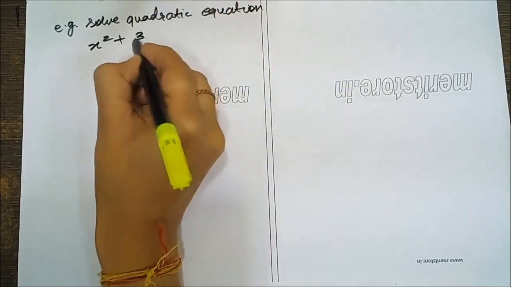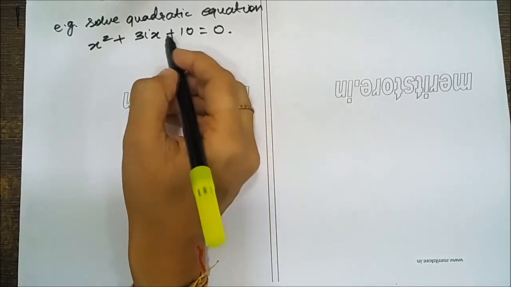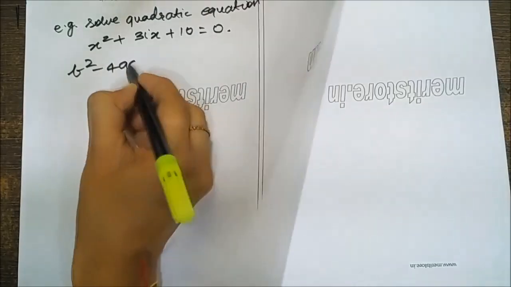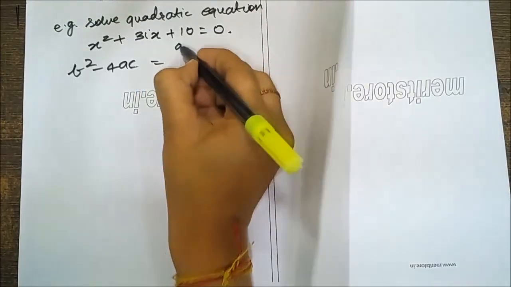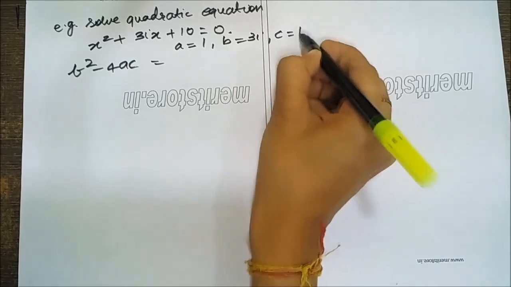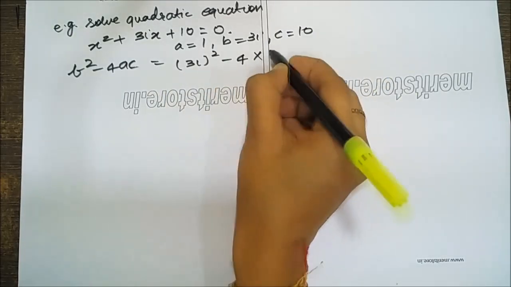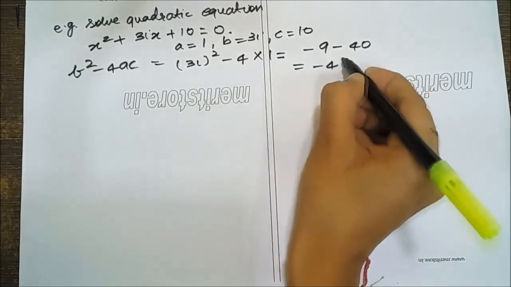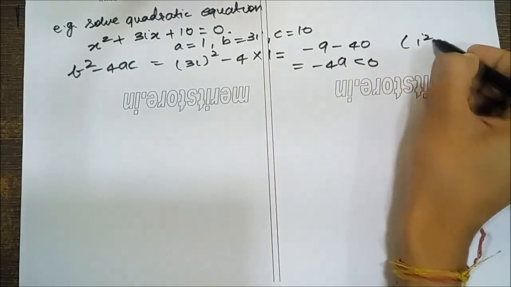Solve the quadratic equation x square plus 3ix plus 10 equals 0. Next, b square minus 4ac is equal to, your a is 1, b is 3i, c is 10. Substituting the values, 3i the whole square minus 4 into 1 into 10, that is minus 9 minus 40, that is minus 49, which is less than 0 because i square is equal to minus 1 here.